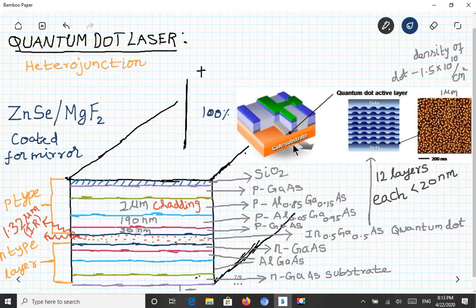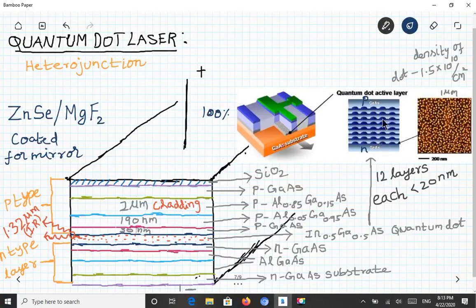If you see, there is a gallium arsenide substrate, and in the middle of those two, the quantum dot layer will be there, and it is a 12 layer quantum dot. So gallium arsenide is here. This will be the P type, and this will be the n-type gallium arsenide. Between those two there are 12 quantum dot layers. So the total is 12 layers.